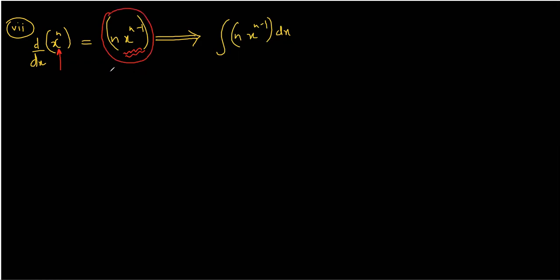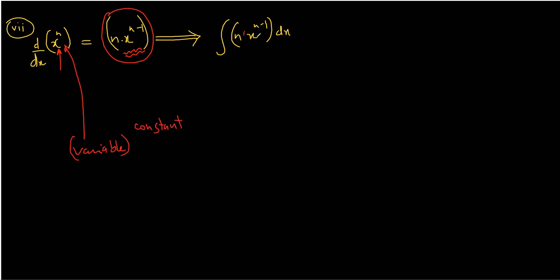But the thing is, I'm not interested in integration of any such looking function. I want integration of a standard function. Here, you wrote the derivative of x raised to n, which is variable raised to constant in its very basic form.